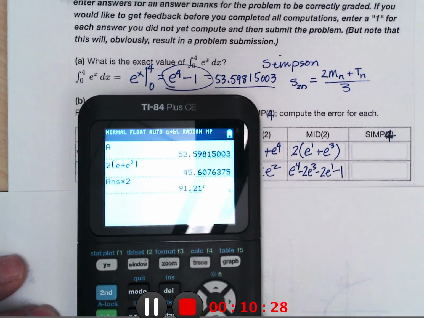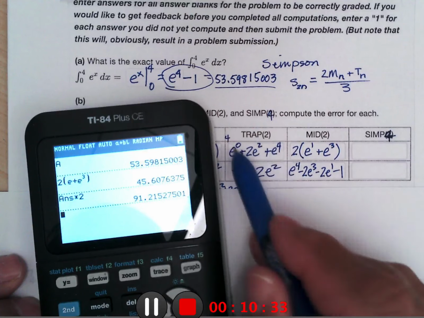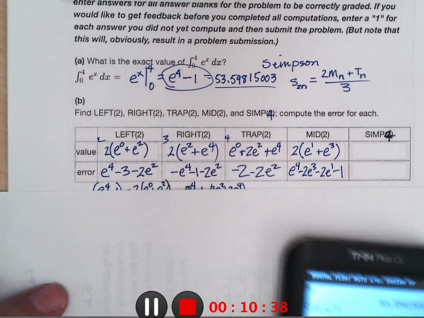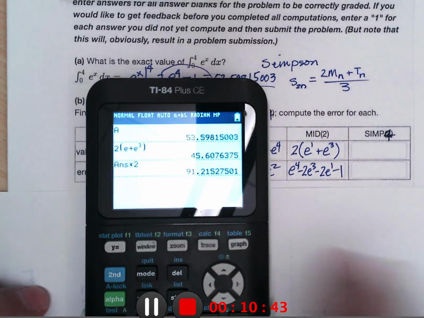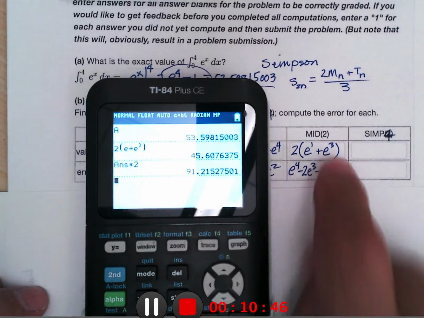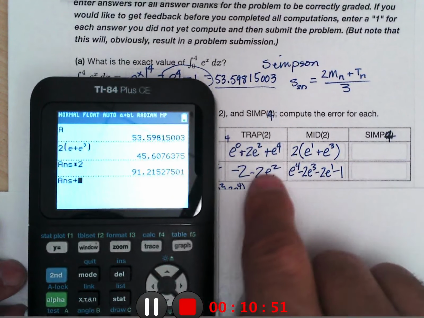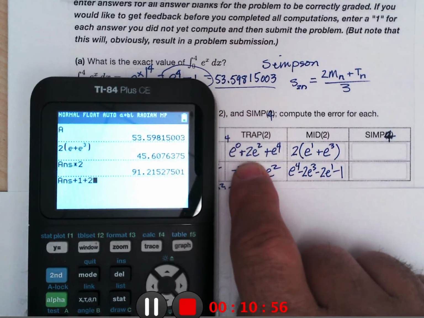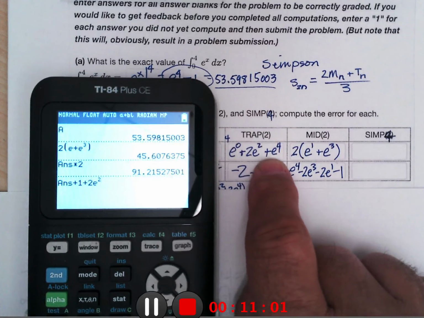So that's 2 midpoint 2's plus the trapezoidal 2, which was this plus this divided by 2. Got that. So I got to go plus the trapezoidal here, which is plus e to the 0, which is 1, plus 2 e to the 2, plus e to the 4.